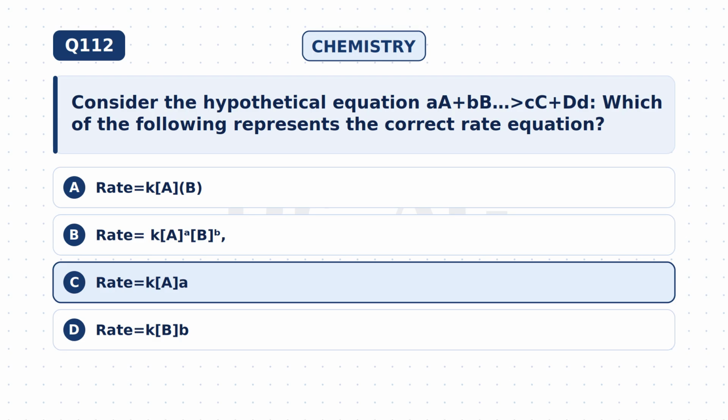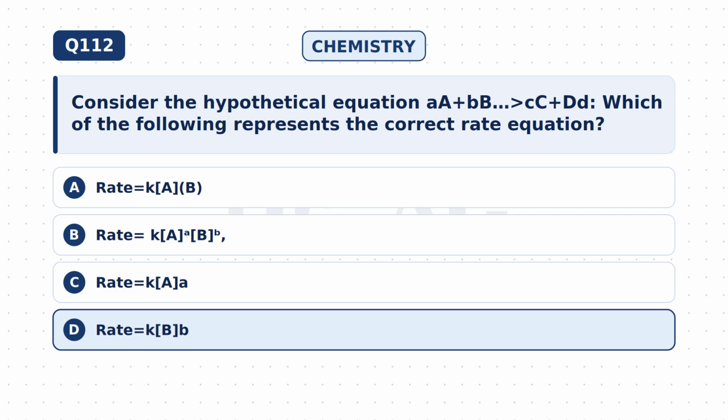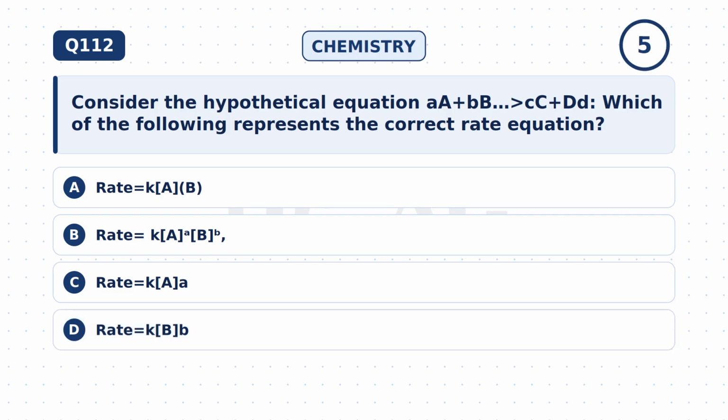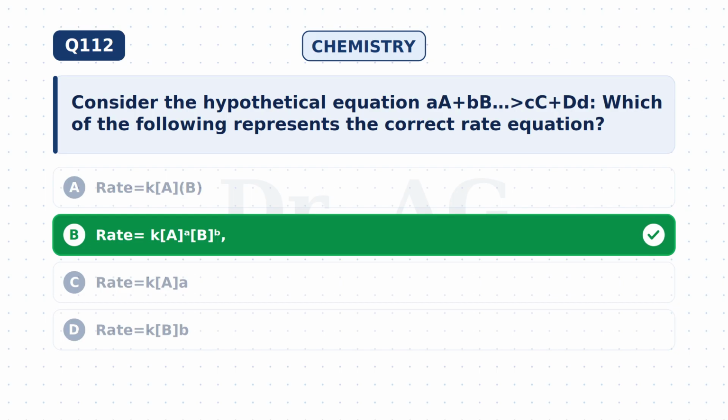Option C, rate equals k[A]^a. Option D, rate equals k[B]^b. The correct answer is B. Rate equals k[A]^a[B]^b.